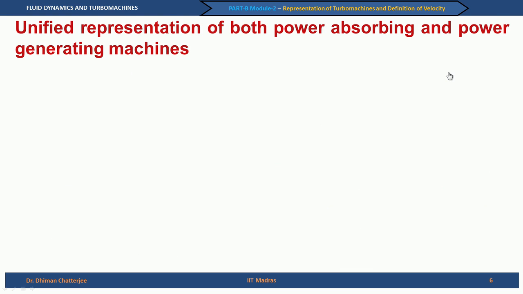Another thing that we have to keep in mind, and I had touched upon this point while talking about thermodynamics, is that many times we can represent the turbo machine inlet and outlet as in and out, as we do in thermodynamics textbooks.